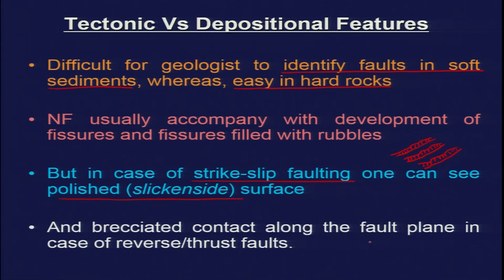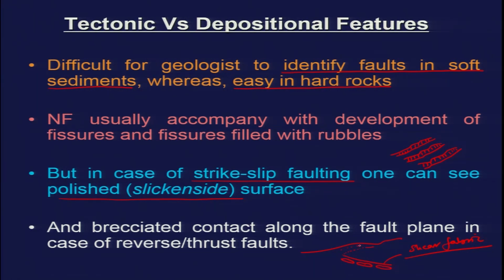For example, what we saw in one of the trenches, the gravels were displaced, and you had elongated gravels aligned along the fault plane, and that is what we call the shear fabric, or we can say this is related to your faulting.